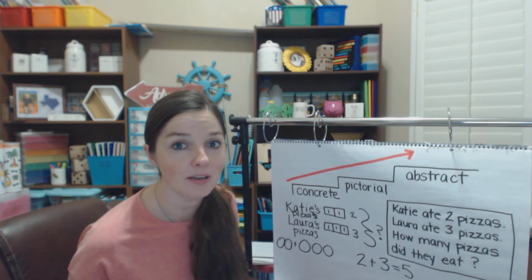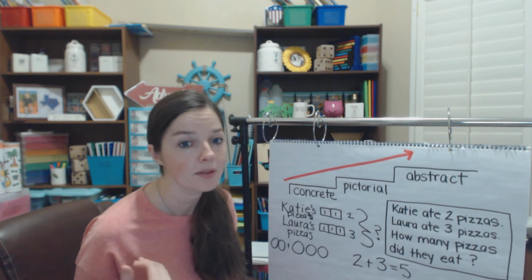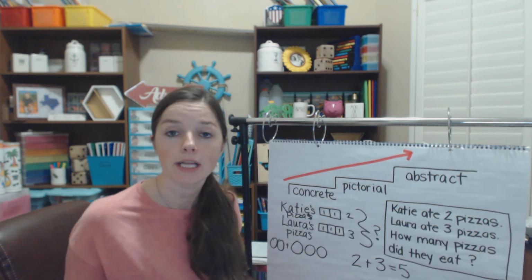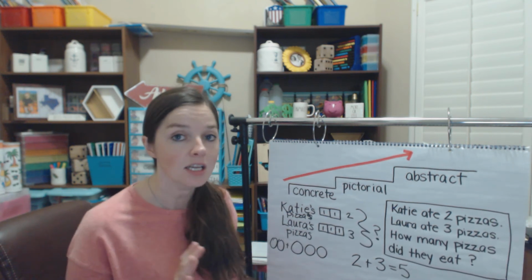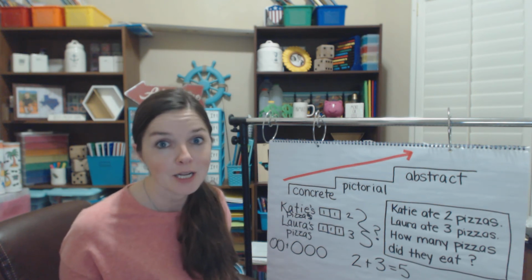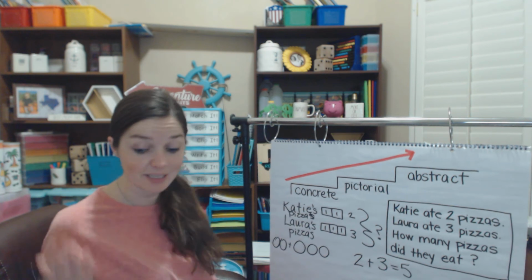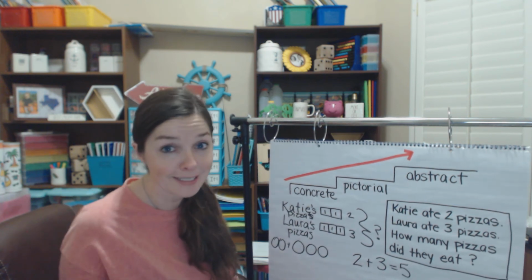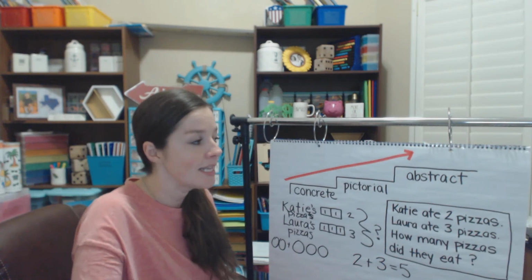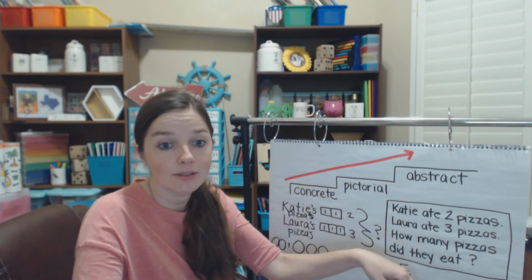One thing I want to mention is that oftentimes the abstract or end result is what we see in a workbook. It's what we see on a test. It's a problem-solving problem that you do with problem of the day. It could be something very simple in an interactive math notebook when you have a word problem, okay? So this is the end result.